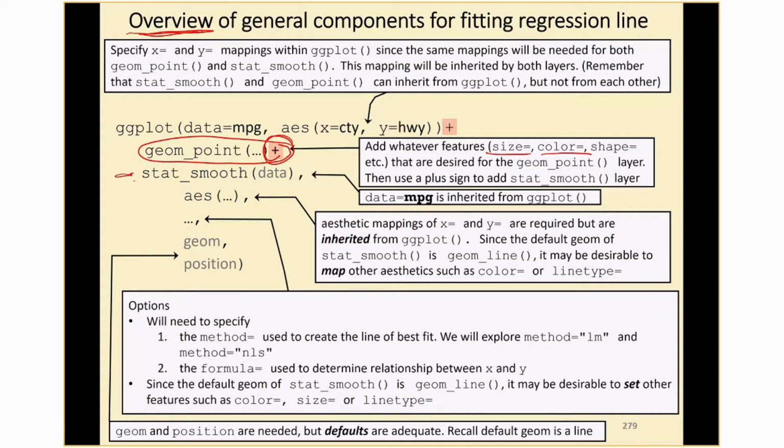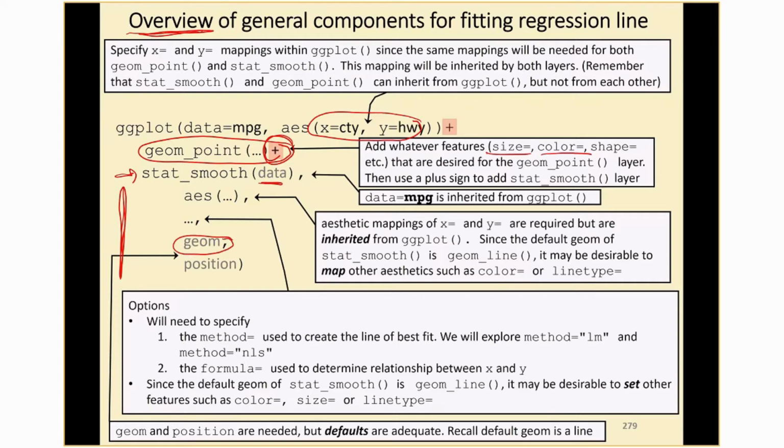And then I'm going to add my stat smooth. And stat smooth, I'm going to present in this kind of template that shows the 5 things that are associated with a stat. The data is going to be inherited. The aesthetic mapping. Well, I don't need to worry about the X and Y mappings because those are going to be inherited. But the thing to remember about stat smooth is that every stat has a default geom.